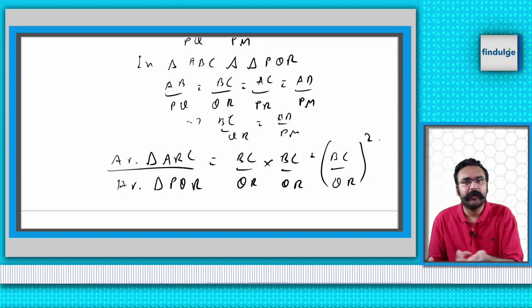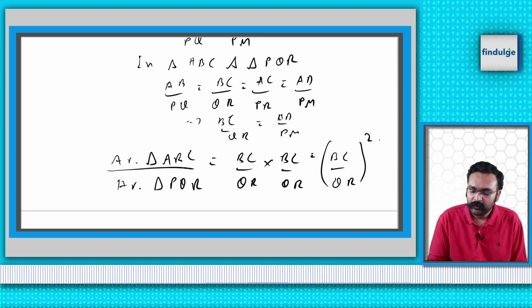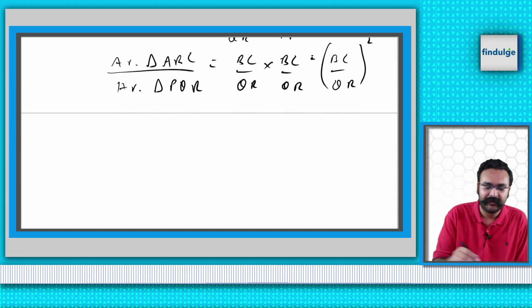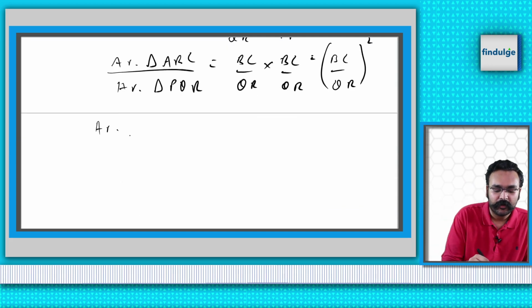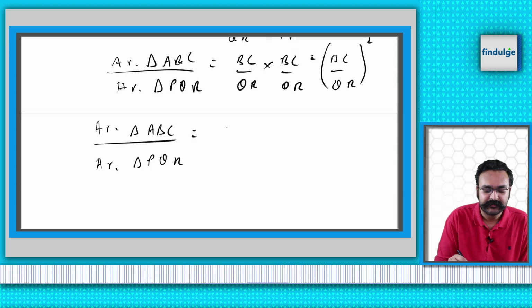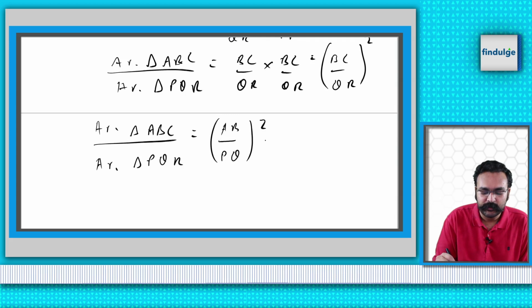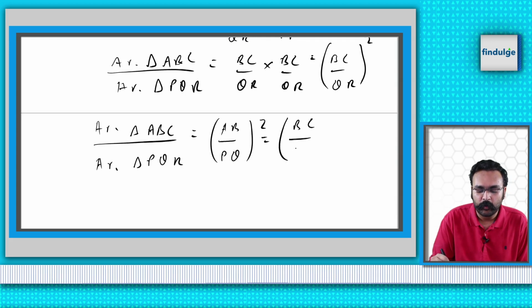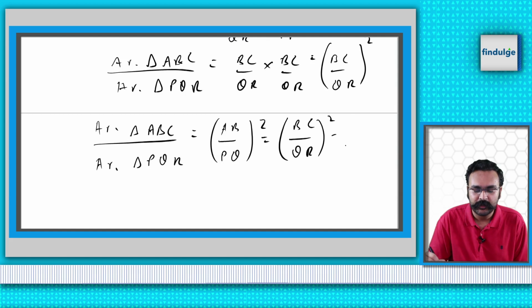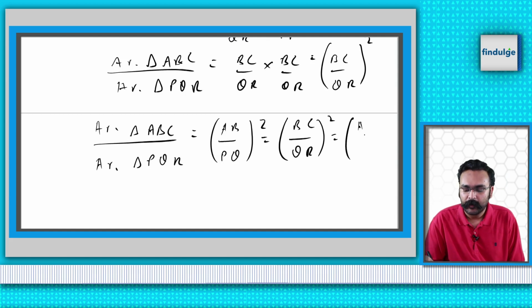And since the ratio of all the sides are equal, the area ratio of two similar triangles is the square of the ratios of the sides. So it's AB upon PQ square, also equal to BC upon QR square, also equal to AC upon PR squared.